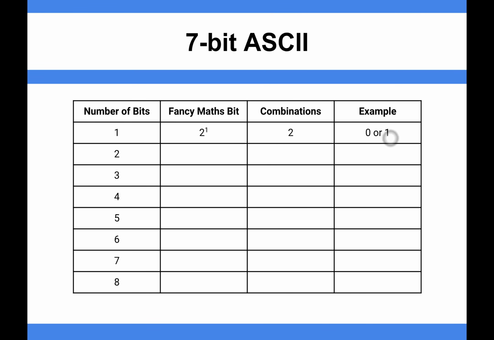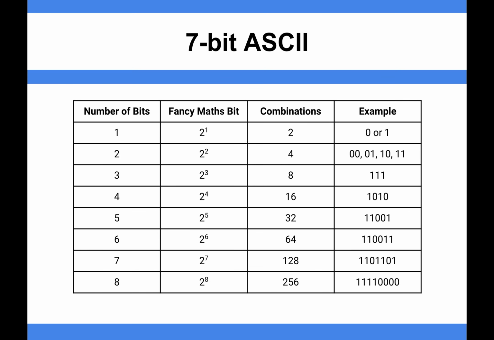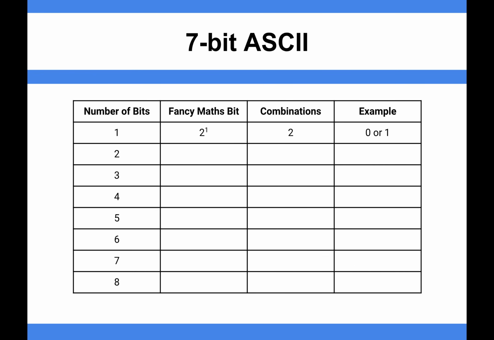It could be a 0 or a 1. They're the only 2 things you can have if you've only got 1 bit. As these bits increase, so do the powers of 2. So you can see there, if we've got 2 bits, we've got 4 combinations, 3 bits, 8 combinations, 4 bits, 16 combinations, etc. With 7 bits here, we've got 128 combinations.